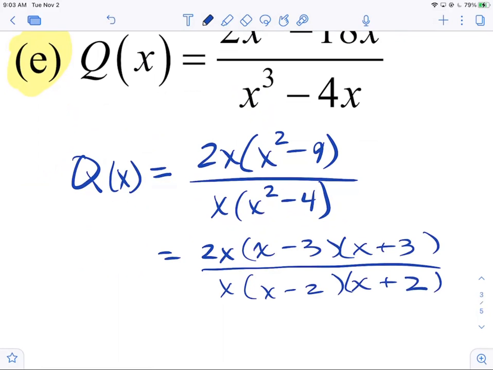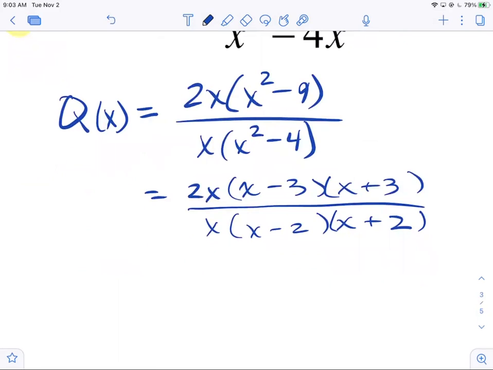So now we'll find the domain. You always find the domain, remember, before you divide anything out. So D sub Q, ooh, Dairy Queen. It's going to be the set of all x such that x is not what values? 0. Don't forget that first.